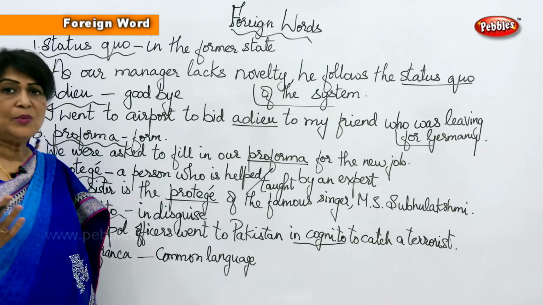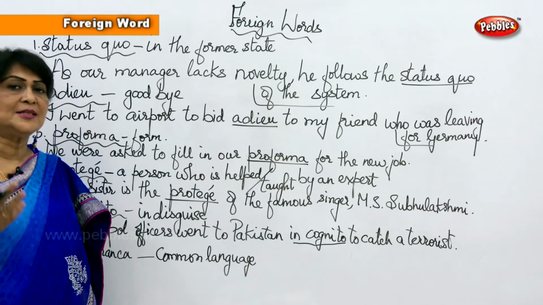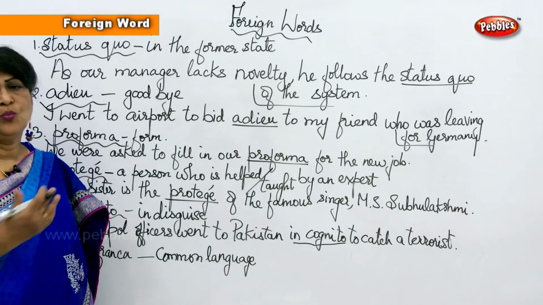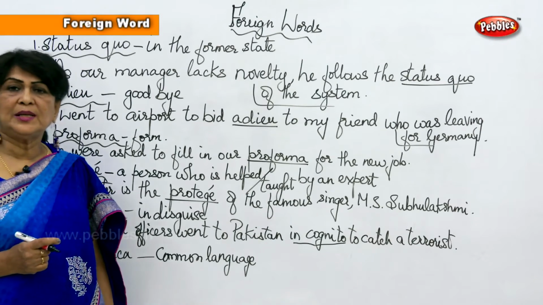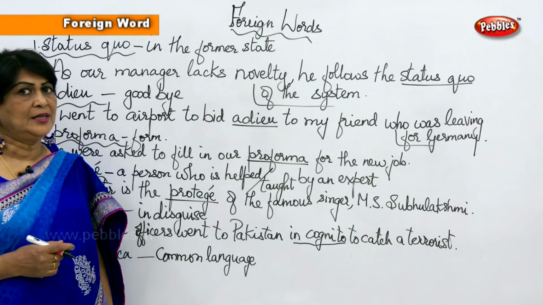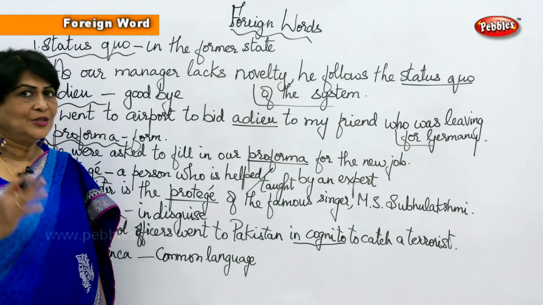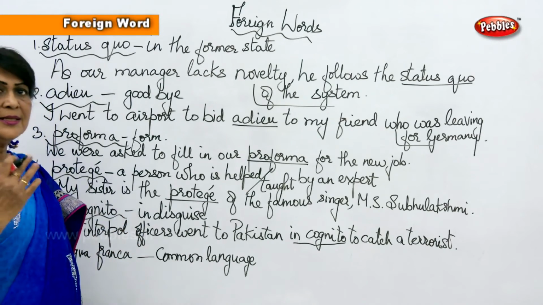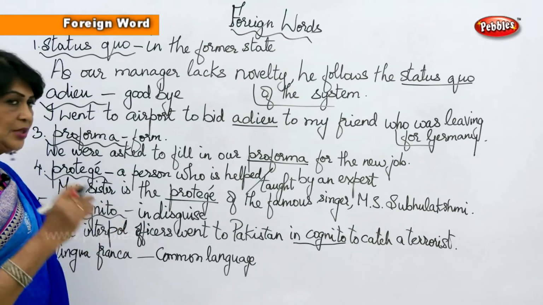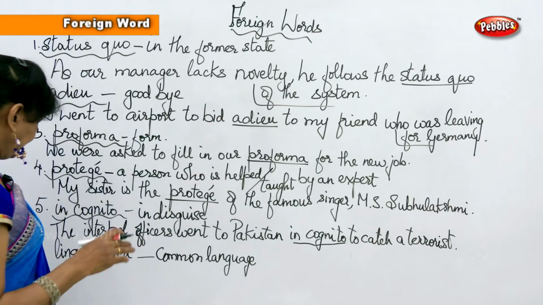The lingua franca of the people in US is English. What is the lingua franca of the people in Spain? It is Spanish, isn't it? So, do you understand now the meaning? Lingua franca means it is a commonly used language in a particular place.